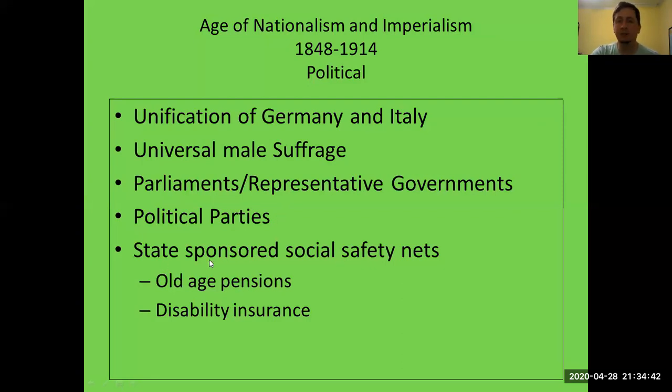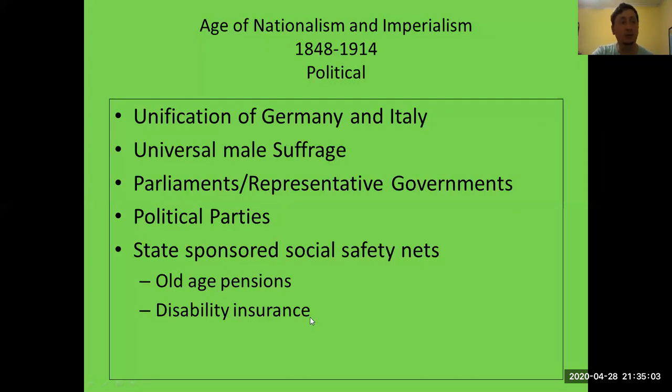And then remember, this is also the period when we start to get these state-sponsored social safety nets. We first saw this in Germany under Otto von Bismarck, as he tries to undercut the popularity of the socialist parties, which works. He's a brilliant politician. He brings in old age pensions and disability insurance.